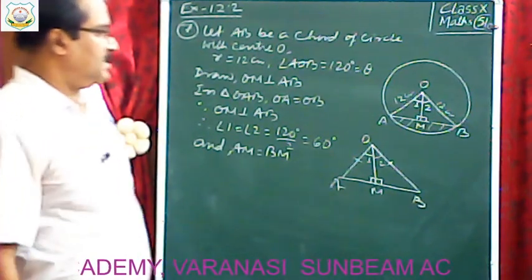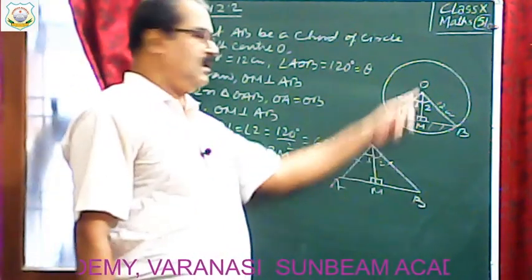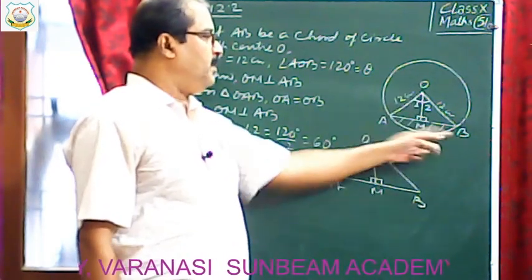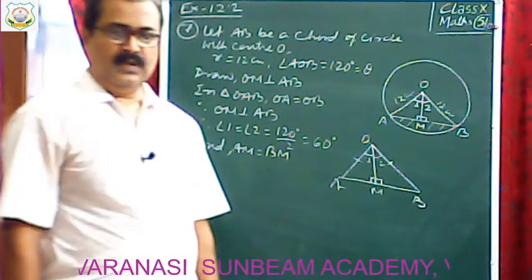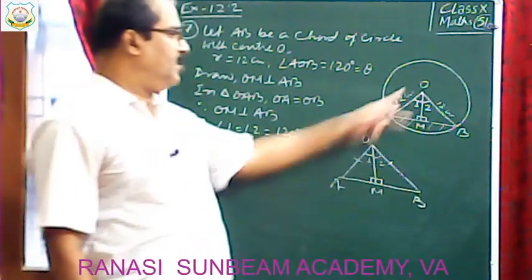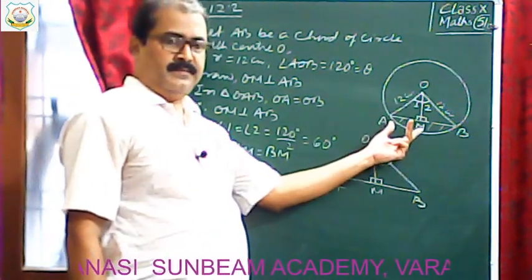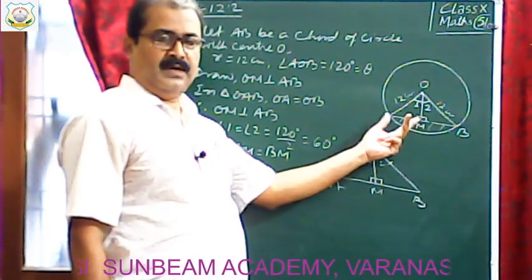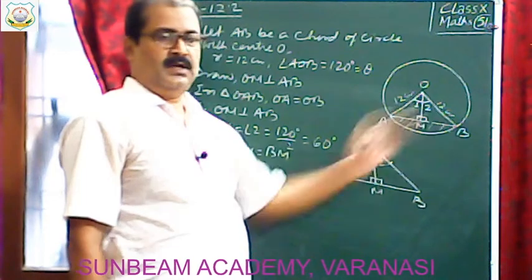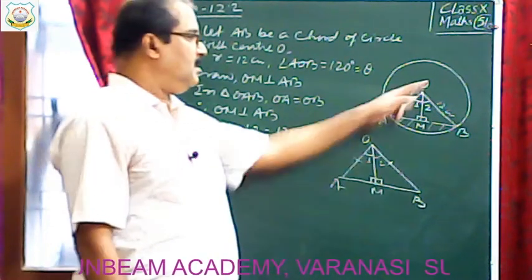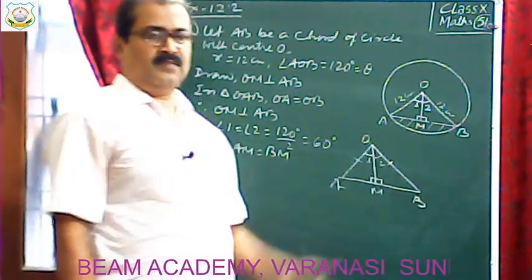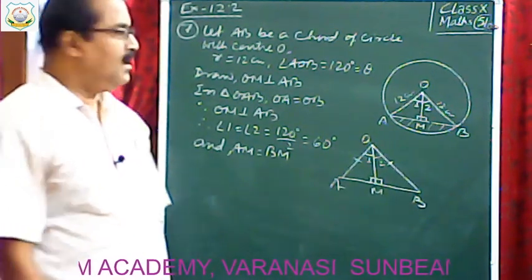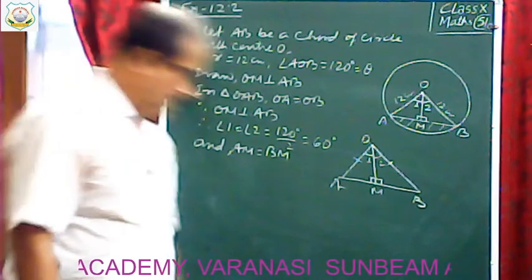Now thereafter, taking one of the right triangles, either AMO or BMO, using trigonometric ratios you have to find OM and AM. After getting AM, double it, you get AB. You get altitude and base. The area of triangle equal to half into base into altitude. In this way, you can find the area of triangle AOB. Clear?